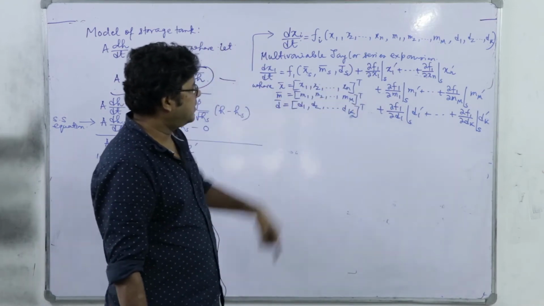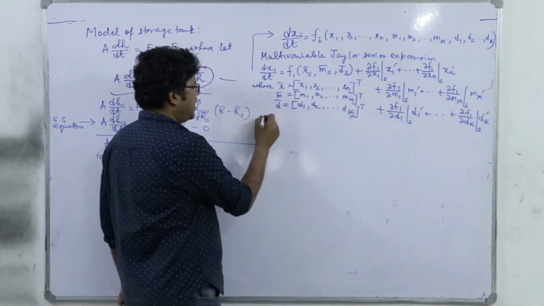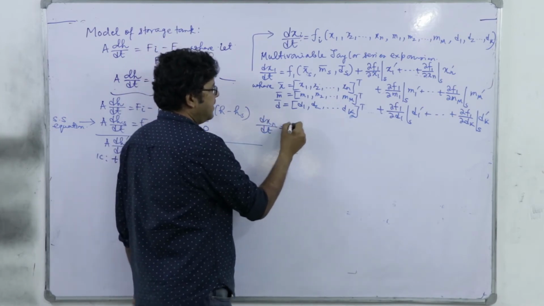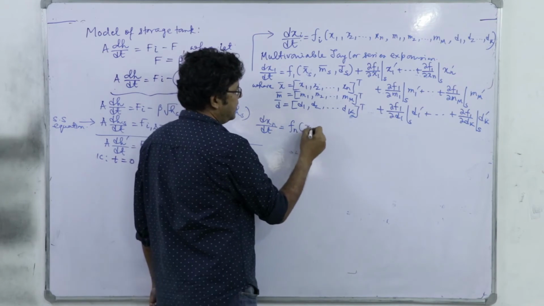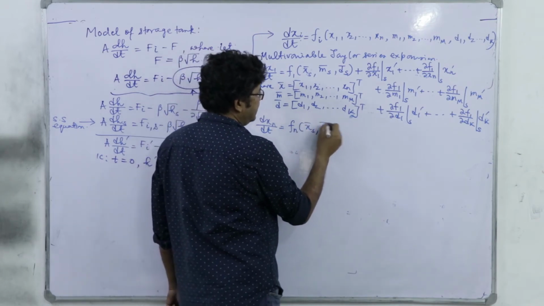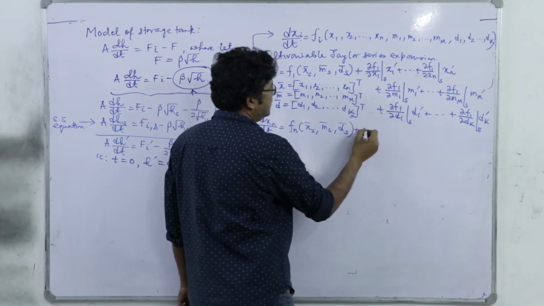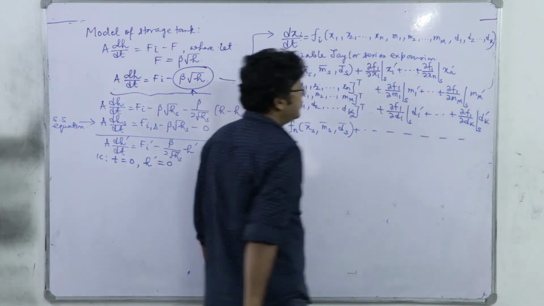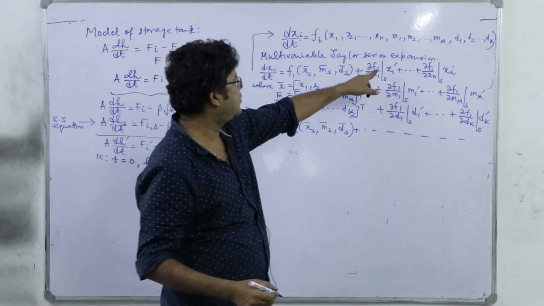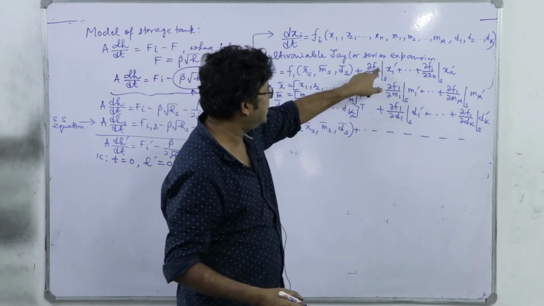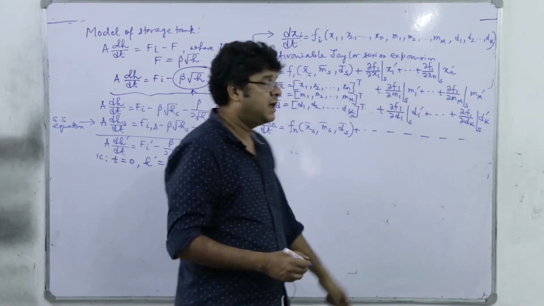So, that is the basic expansion, and similarly dxn/dt is again fn at x bar s, m bar s, d bar s plus all these terms, the same expression with f1 replaced by fn.